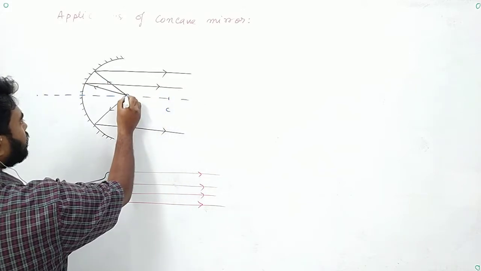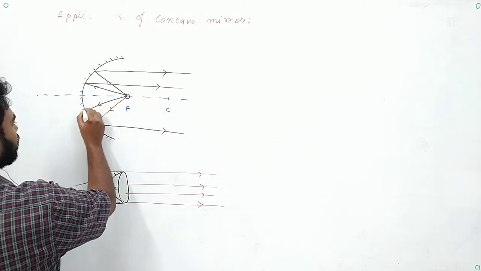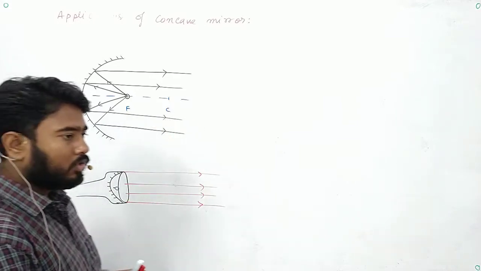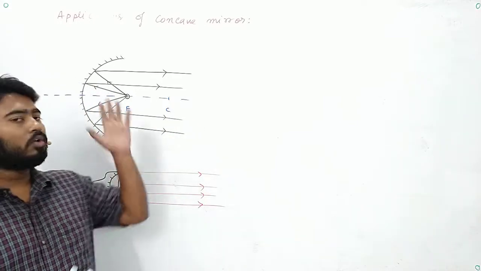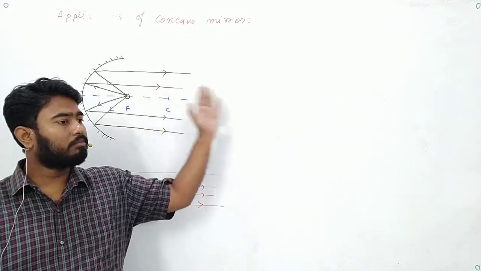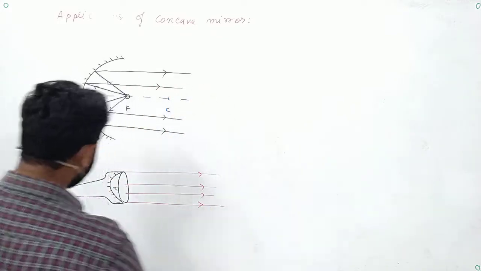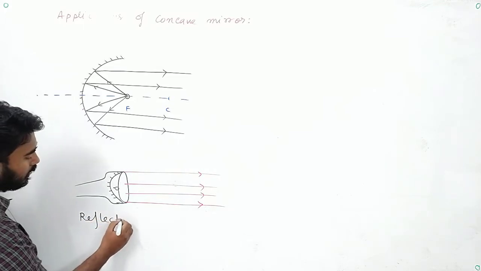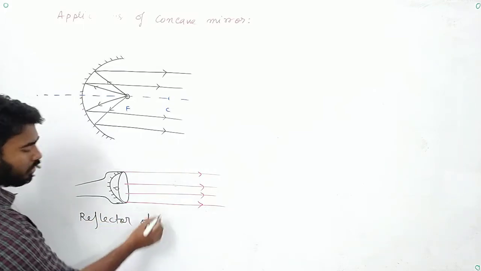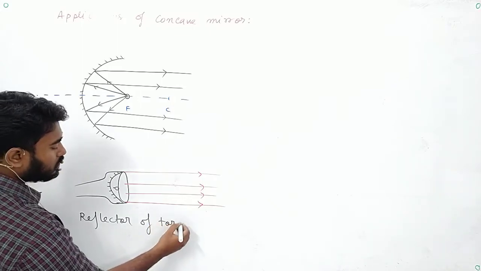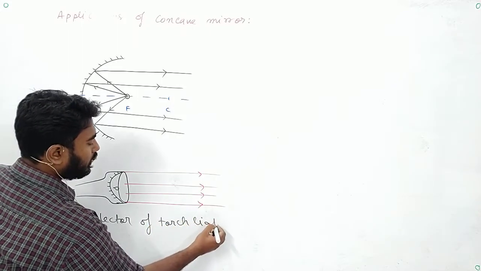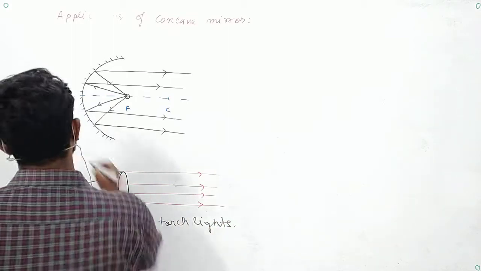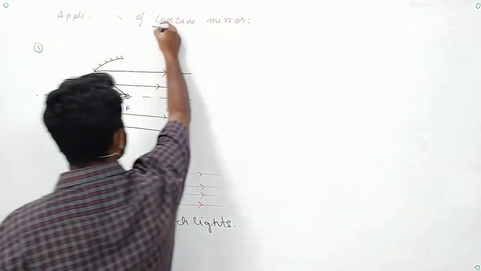This one will also pass parallel to the principal axis. So what are we getting? We are getting a parallel beam of rays. So it is used in reflectors of torchlights. This is one of the uses of concave mirror.